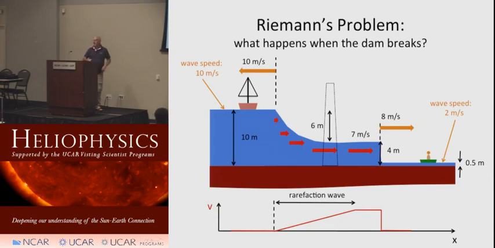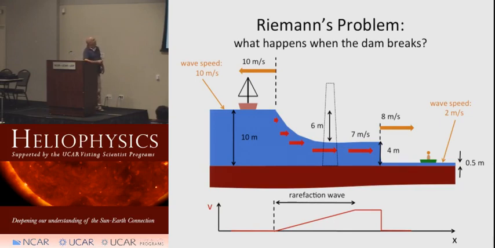It is, and in this case I worked out all the numbers, in fact 4 meters high, a wall of water that's propagating at 8 meters per second. Okay, that's 15 miles an hour. So, you know, if he was an Olympic rower, he could outrow that. The wave speed of little ripples in this water is 2 meters per second. The shock is moving supersonically. We all know that shocks move supersonically. That's what this is doing.